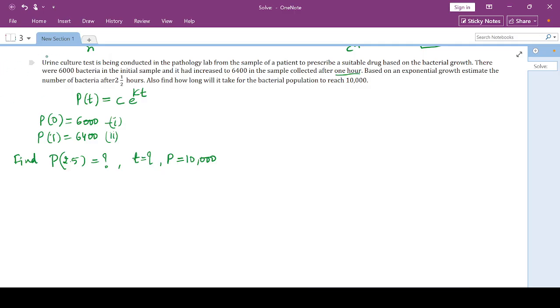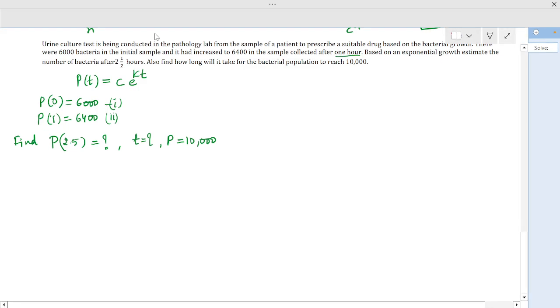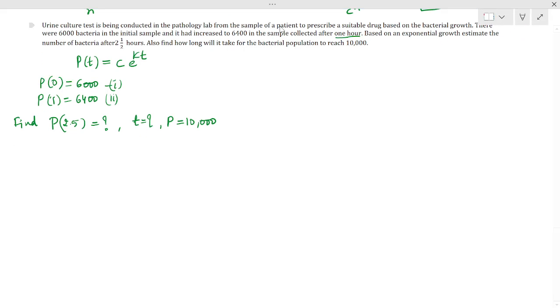Now what I am doing is, I am going to substitute the conditions. Look carefully. I have the population model.